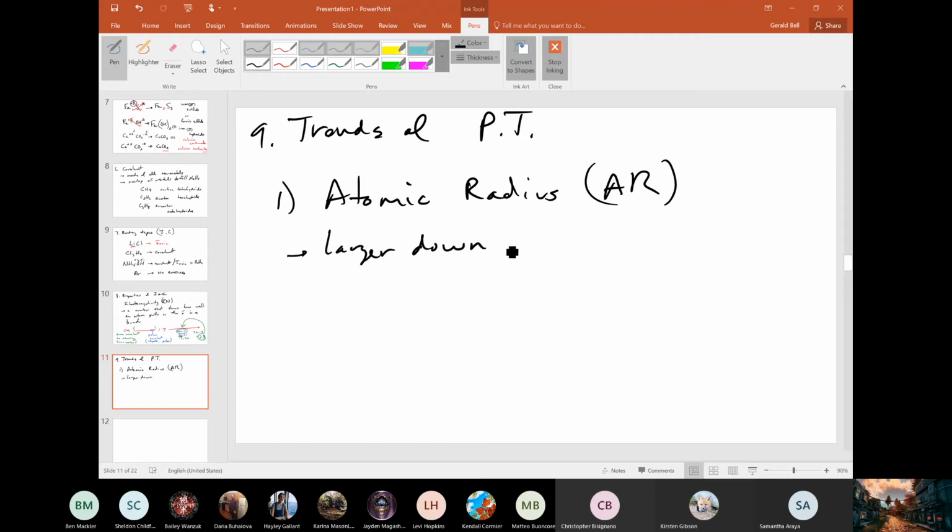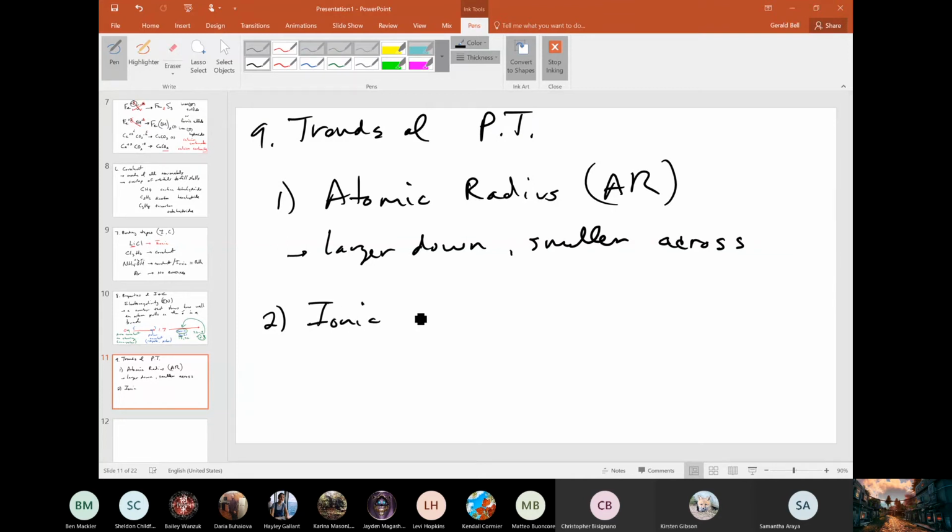They're larger down, smaller across. And there were some reasons here. More shells, more electrons, more shielding. And going across, it was more protons. There's probably a question on the exam where I give you a bunch and ask which is the largest or which is the smallest, and you just have to use your trend there.